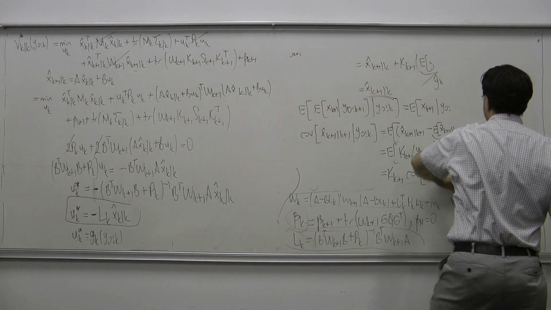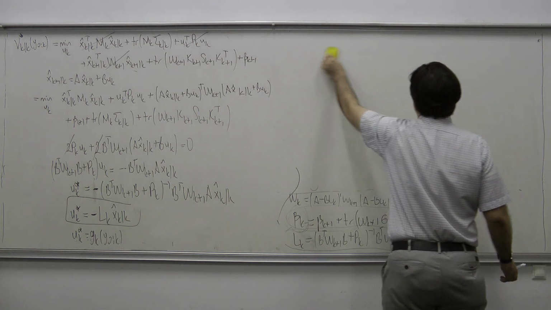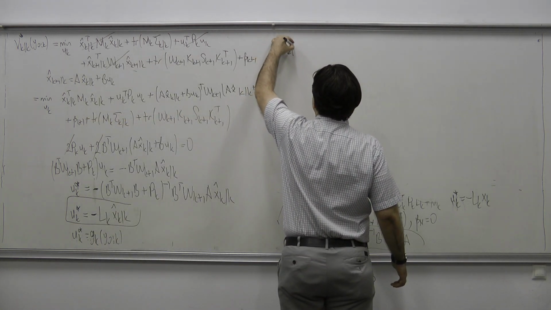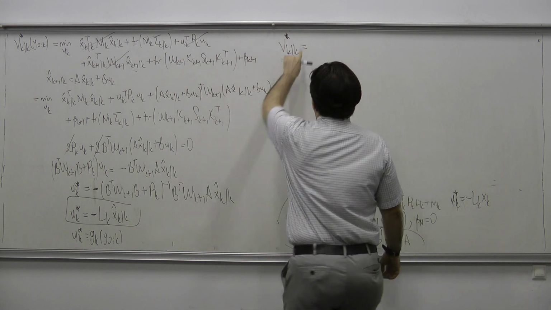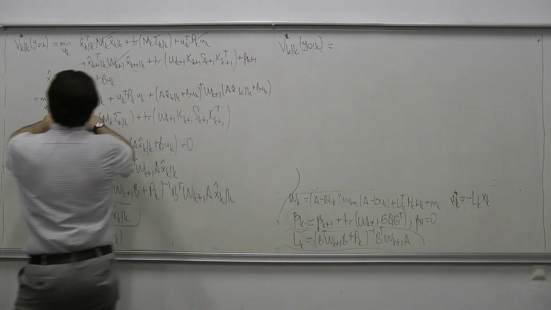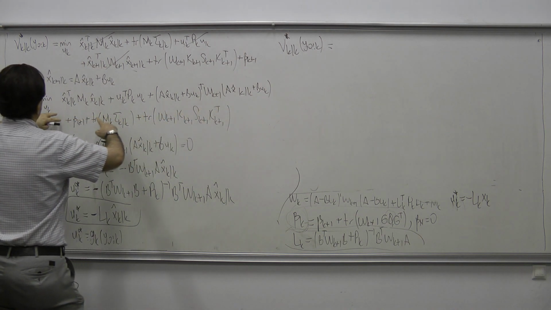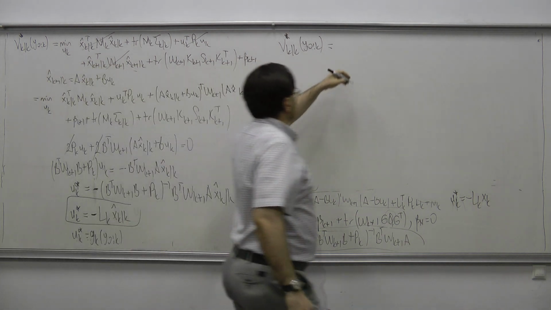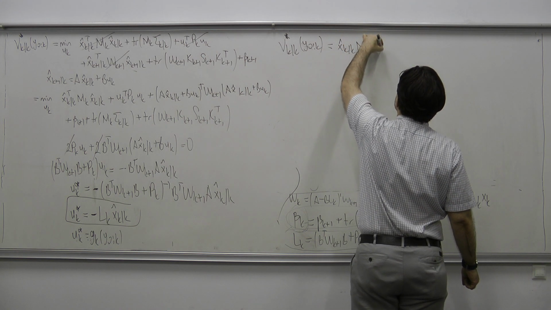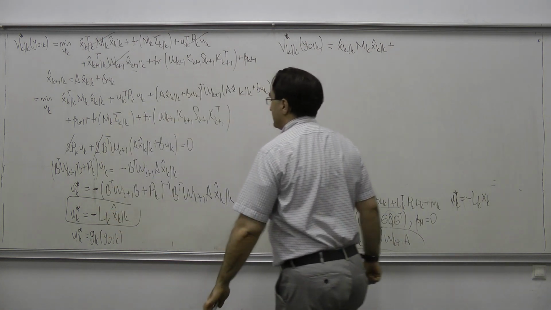Now I'm going to substitute this optimal input into my Vk given k star of y0k. This term didn't change, I only optimized these two terms. So I would keep this term as it is, x at k given k transpose Mk x at k given k, plus this term became just that one.